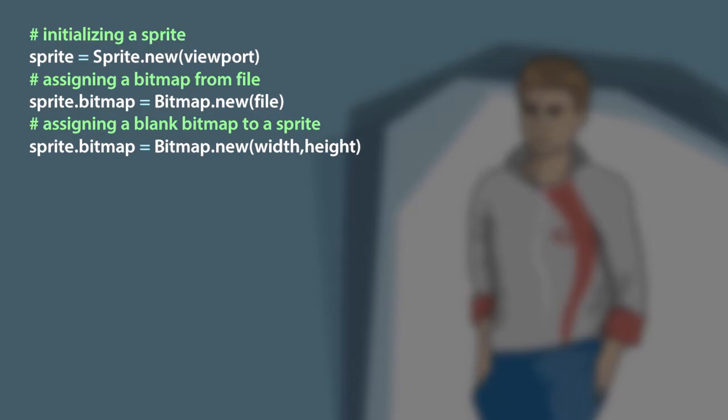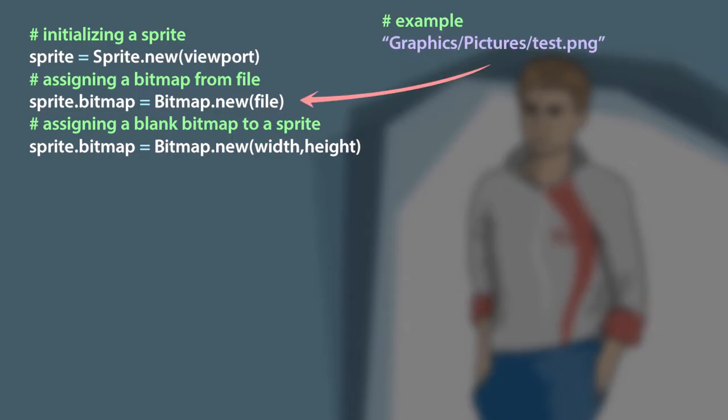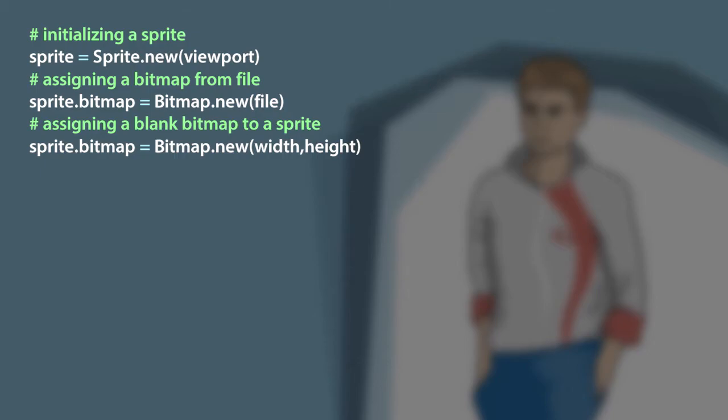So if we pass in as a parameter a string which says Graphics/Pictures/test.png, this bitmap is now going to take the graphical file, read each and every pixel inside of the file, store that information and relay it onto the sprite, and the sprite is then going to render all those pixels on screen accordingly.